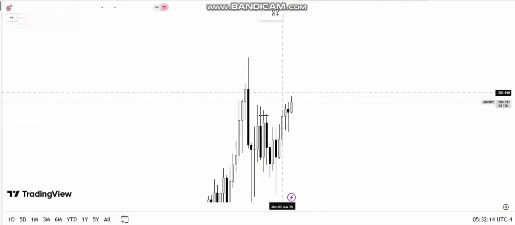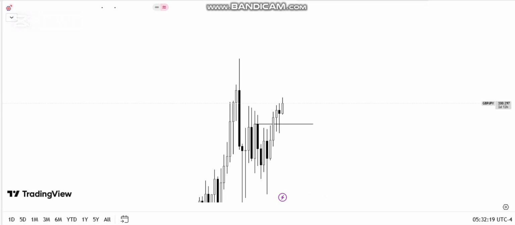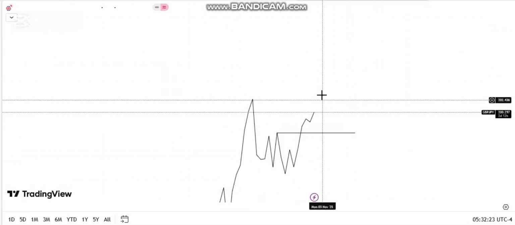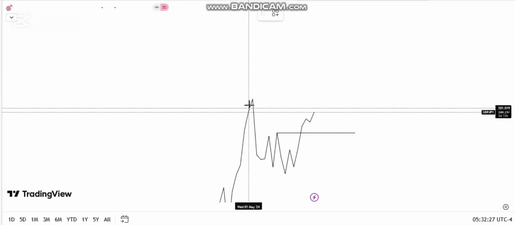The market was coming from a previous zone that was broken, so we wanted the market to reject it, and then we anticipate our buys up to this point.